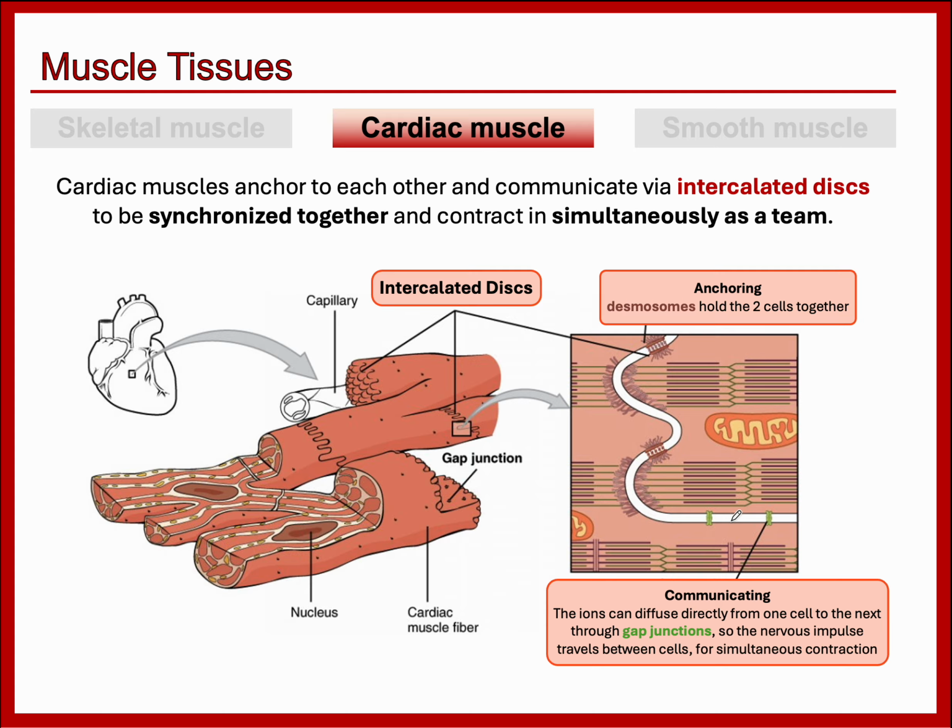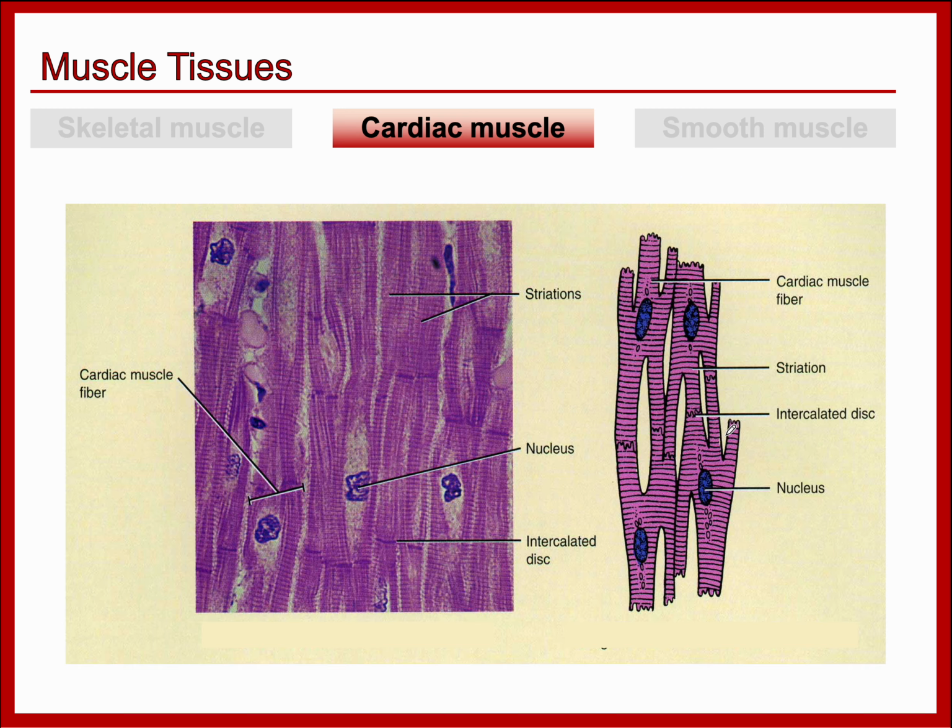Additionally, you have these gap junctions, these junctions that are gaps with channels in them that allow ions to diffuse into the next one. This will allow a simultaneous contraction. When the heart beats, it beats all together. It's not lagging and spasming, right?